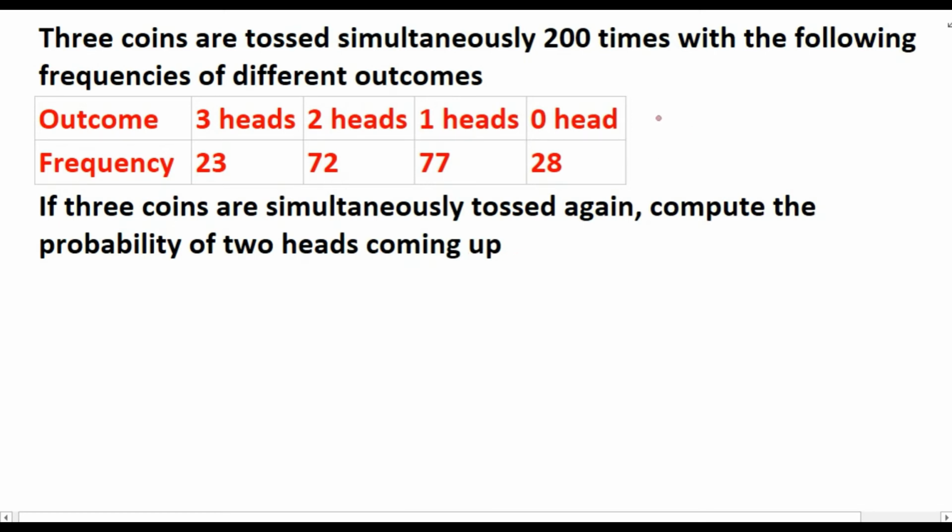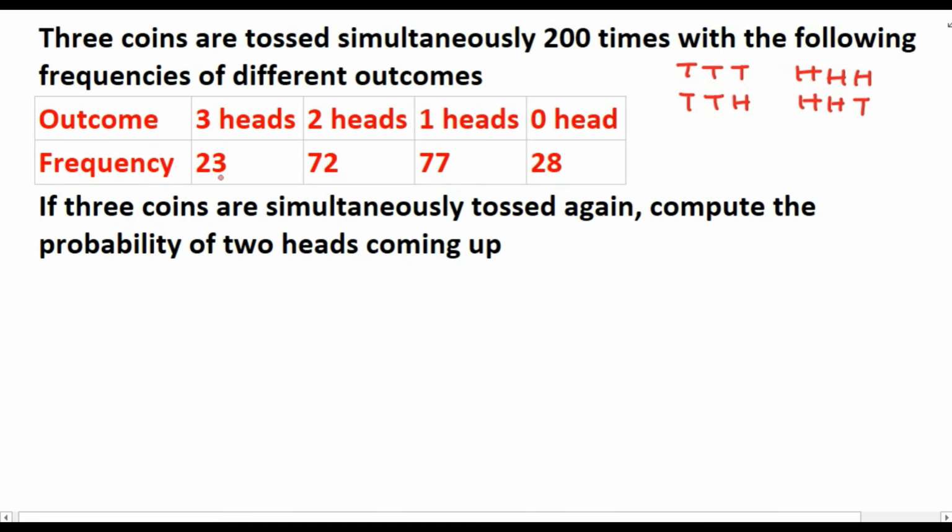So actually when you toss 3 coins, you have different possibilities. You have 3 tails or 3 heads can come up. Again 2 heads and 1 tail can come up, and 2 tails and 1 head can come up. So there are different possible outcomes.